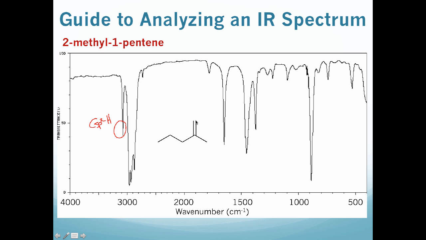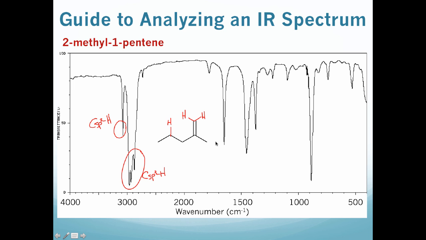So that's going to correspond to these CHs on the alkene. But then just below 3000, this is the CSP3 hydrogen stretches. So that's all of these CSP3 carbons with hydrogens on them. So that's where their stretches are showing up.